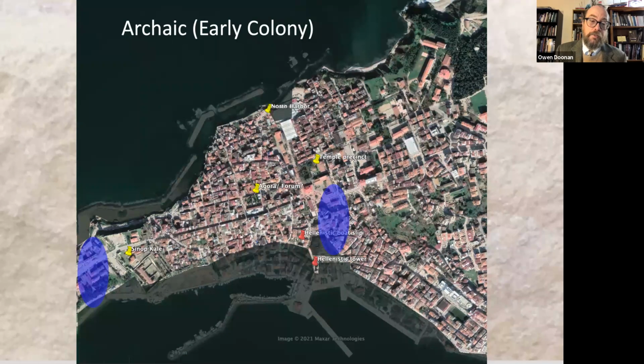We do have some archaic finds for Greek material, and also, of course, the Iron Age material as well, which may well coincide with the 7th and 6th centuries.